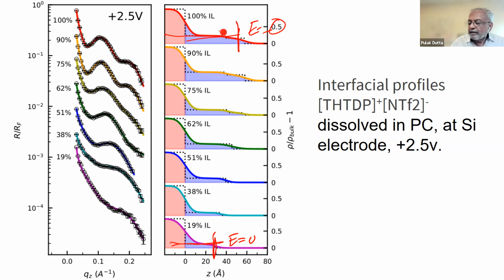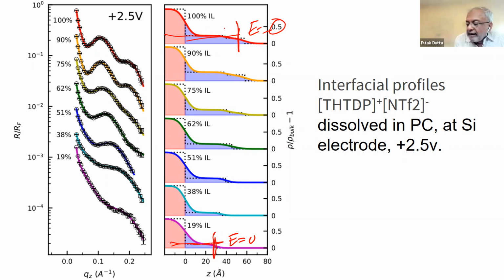You have to go further and further away, and there are still these charges trying to get to the surface. So qualitatively, it's a similar phenomenon. It's a counterintuitive phenomenon, if you're used to dilute aqueous solutions.